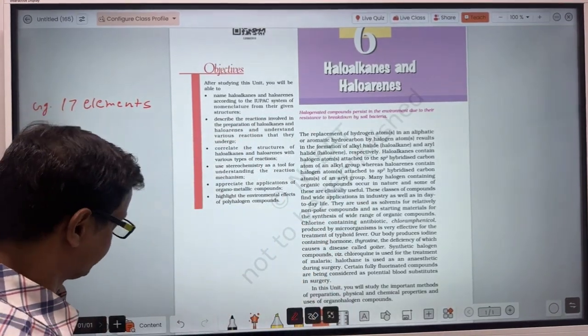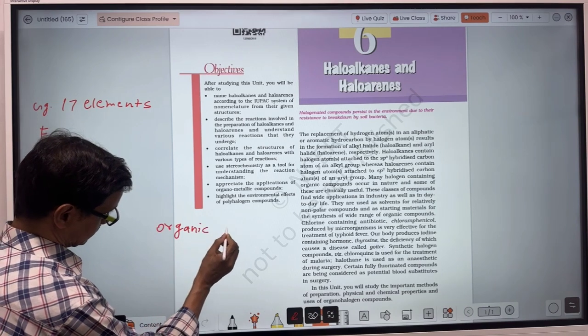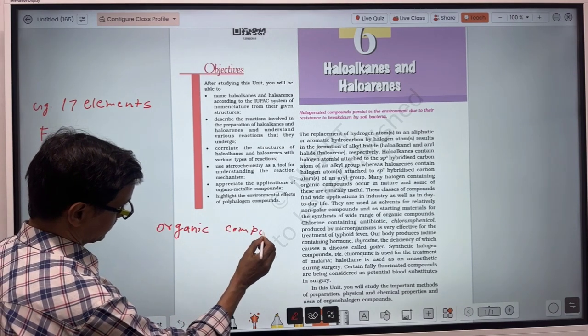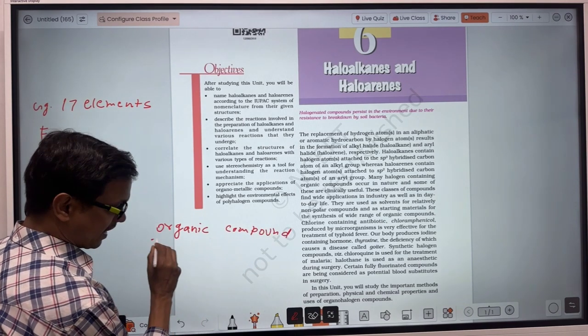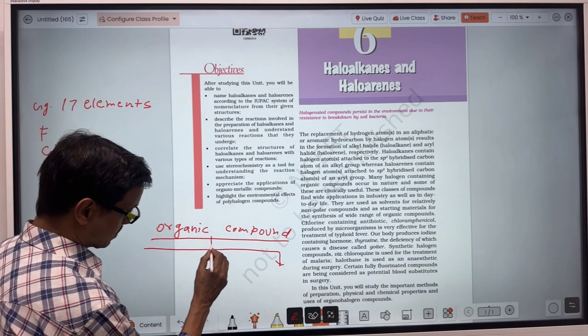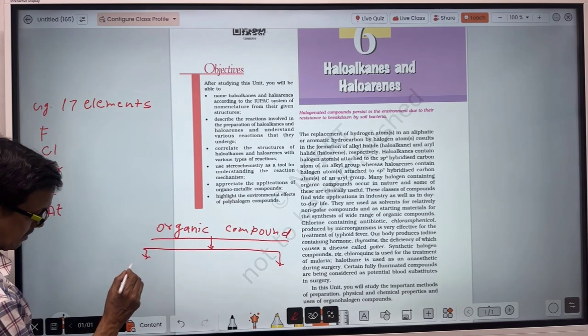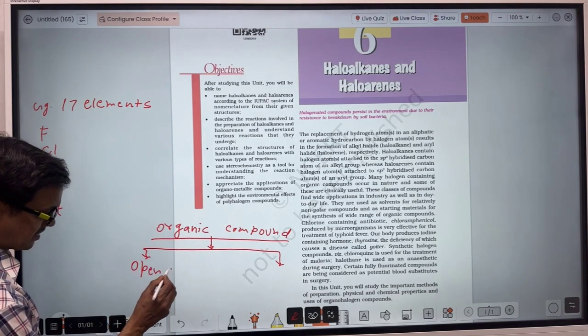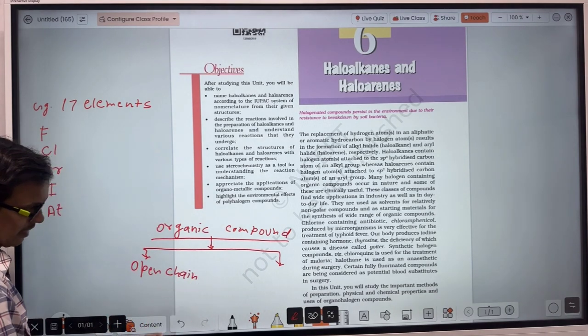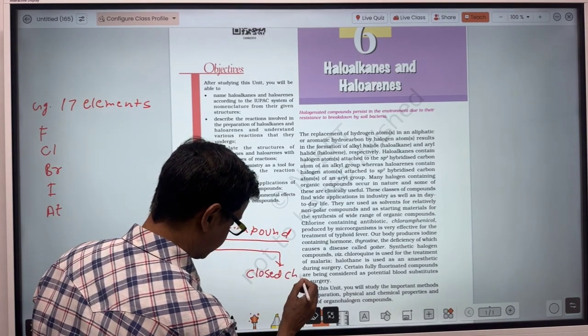Before that, let's see how organic compounds are classified. Firstly, divide them into two parts: one is open chain and the second one is closed chain.